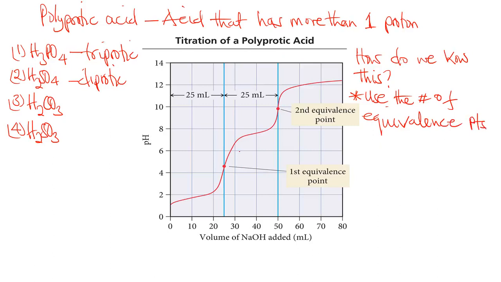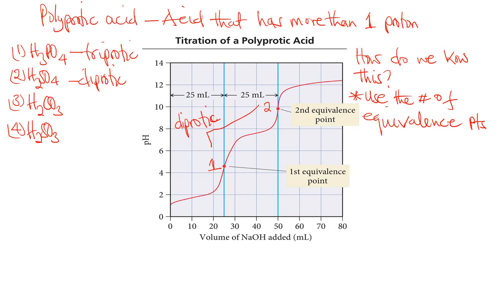For example, this one has equivalent point 1, equivalent point 2, which means it is diprotic. So each equivalent point will be a neutralization.